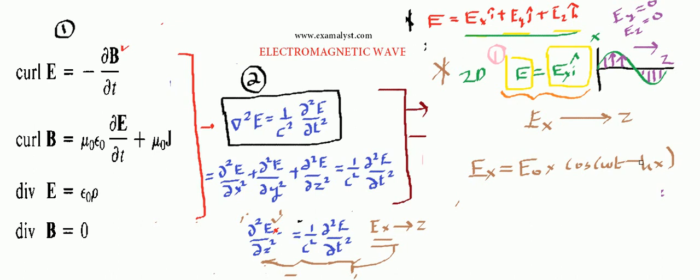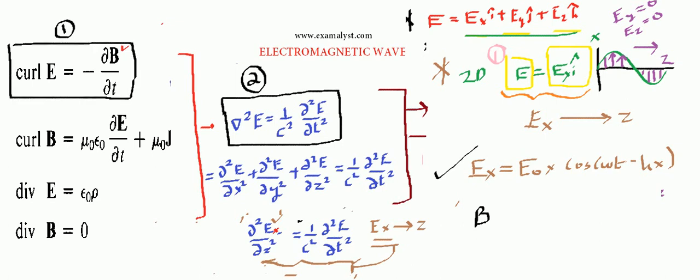Our main purpose was calculating the magnetic field. If I take an electric field Ex, the question is what will be the corresponding magnetic field. That was found using the formula, the curl of B. As we did in the last lecture, we found that the magnetic field was vibrating along the y-axis.